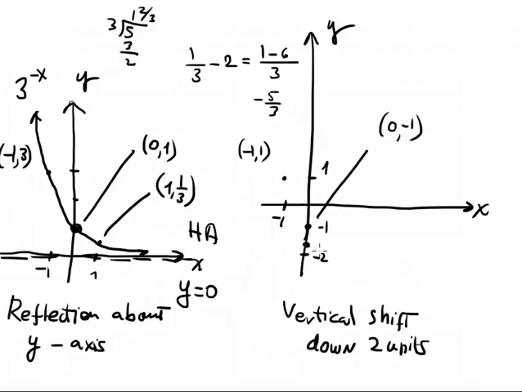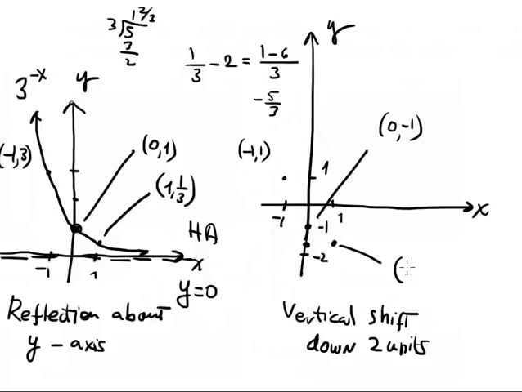So it's positive 1, comma negative 5 over 3. Okay, it looks like that, it's here.